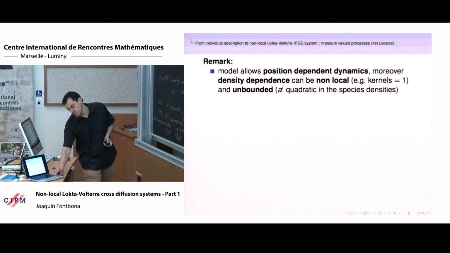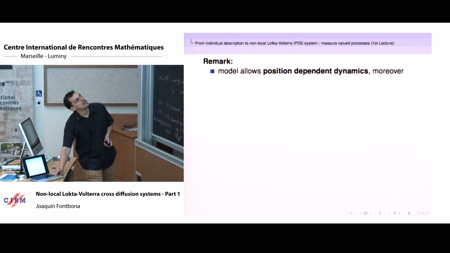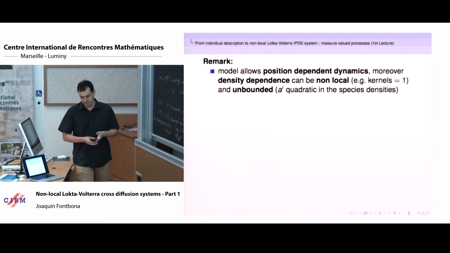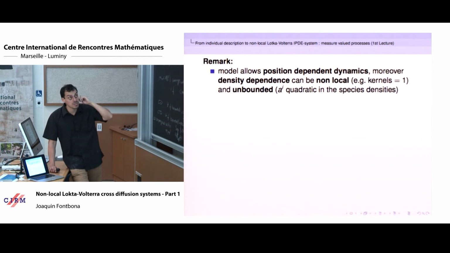So this PDE allows for position-dependent dynamics. As we said, the coefficients of the diffusion might depend on the position. I can have density dependence that can be local or non-local, and even unbounded, because I have up to quadratic growth of the diffusion coefficient in terms of the measures.